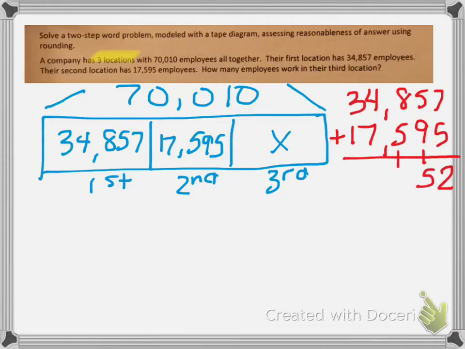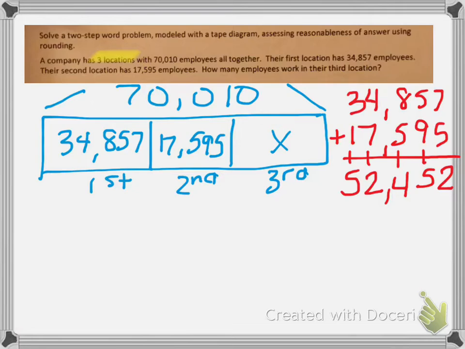I'm going to regroup the 1. 8 plus 5 is 13, plus 1 more is 14. Bring the 1 over. 4 plus 7 is 11, plus 1 more is 12. And then 3 plus 1 is 4, plus 1 more is 5. So we have 52,452. Okay, that's how many we have in the first and the second together.